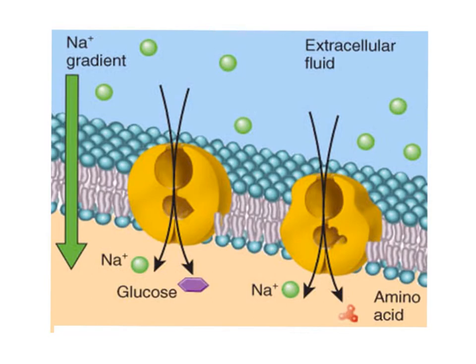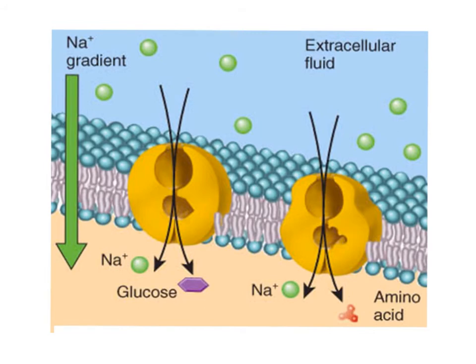The active transport of glucose and amino acids is a co-transport system involving sodium. Both molecules are facilitated across the epithelial cell membrane along with sodium.